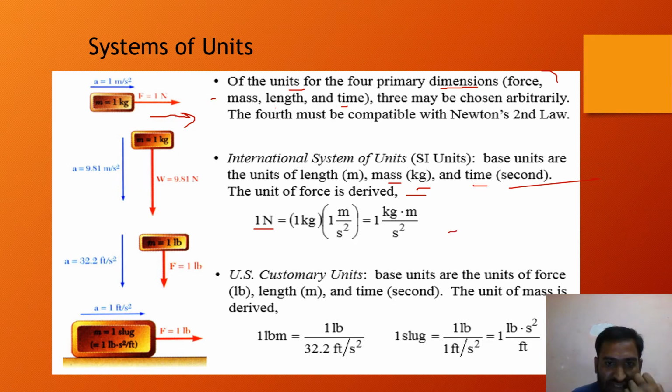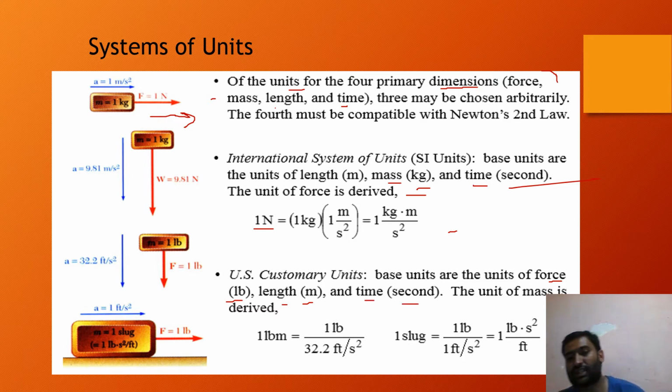Okay, the next is customary units. The base units are the units of force. This one is the pound, lb, and the length is in feet, and the time is the second.